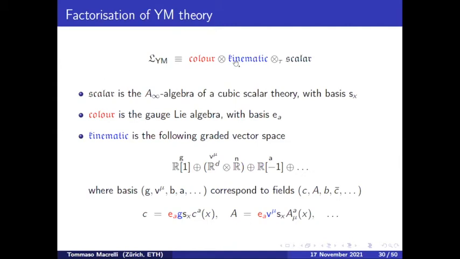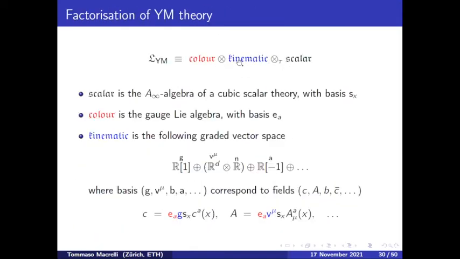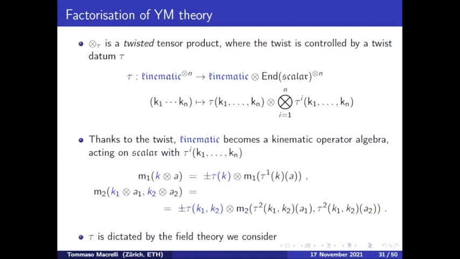You can see here that the product between kinematic and scalar is not an ordinary tensor product in the sense that I have explained in the previous slide. It is what we call a twisted tensor product. The reason is that to recover these cross arrows, we need some twisting, and we want kinematic, that is just a graded vector space, to act like a kinematic operator algebra on the scalar part of the theory.